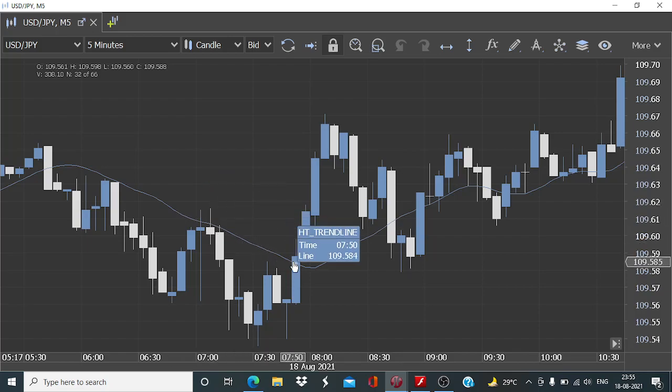So somewhere like this, if the hourly candle period is providing the confirmation on the hourly time frame, we will be looking to initiate the trade if and when the HT trend line changes its trajectory. So for that, we will take the current 5 minutes HT trend line value and compare it to the value 30 minutes back.